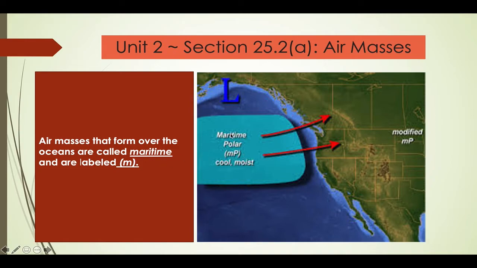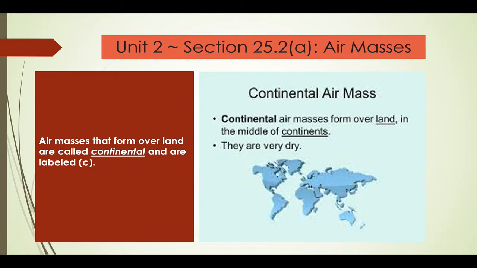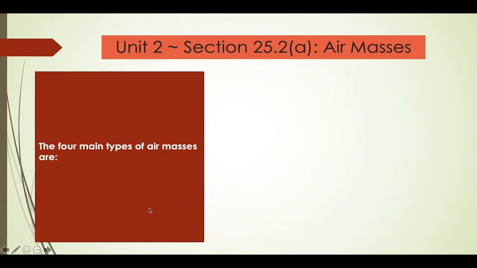Another word for water is maritime. Those we label with a little m. And if they come over from land down to us, we label them with a little c. And they're usually because they're forming over land that's in the middle of the continent. And these tend to be very dry as well.